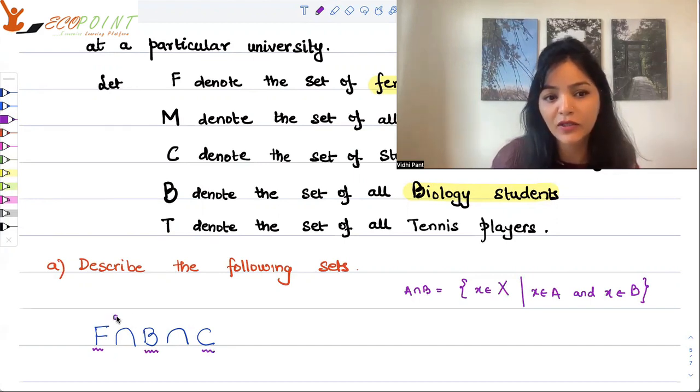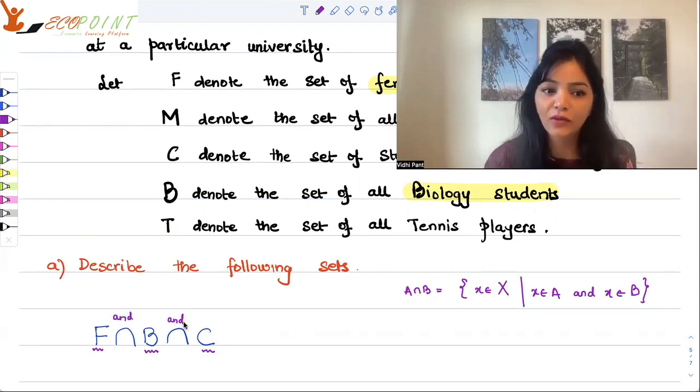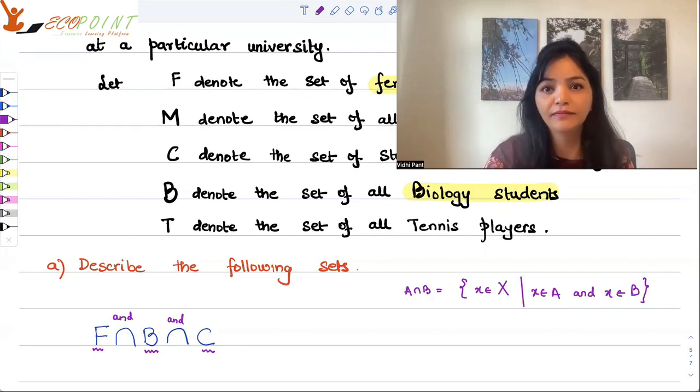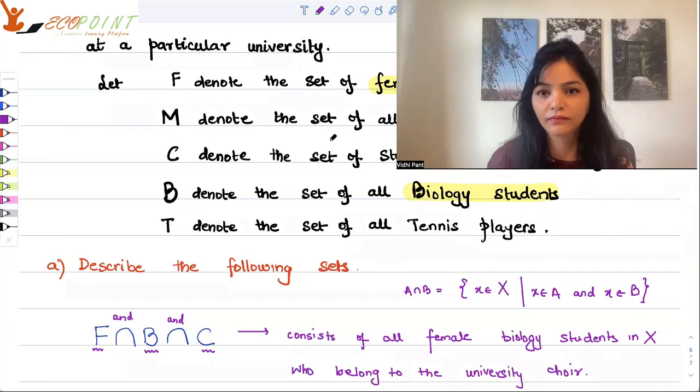So basically, intersection stands for and. All female students, and they must be in biology, and they must be in the university choir. That is what this means symbolically. More appropriately, F intersection B intersection C consists of all female biology students who also belong to the university choir.